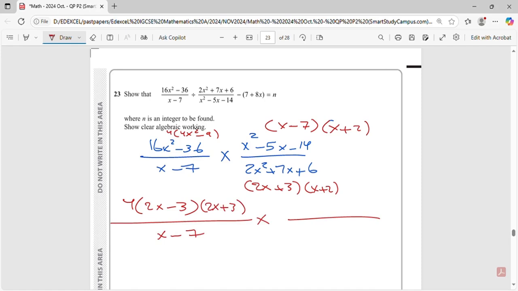This will be multiplied by x minus 7, x plus 2 in brackets, over 2x plus 3 and x plus 2.